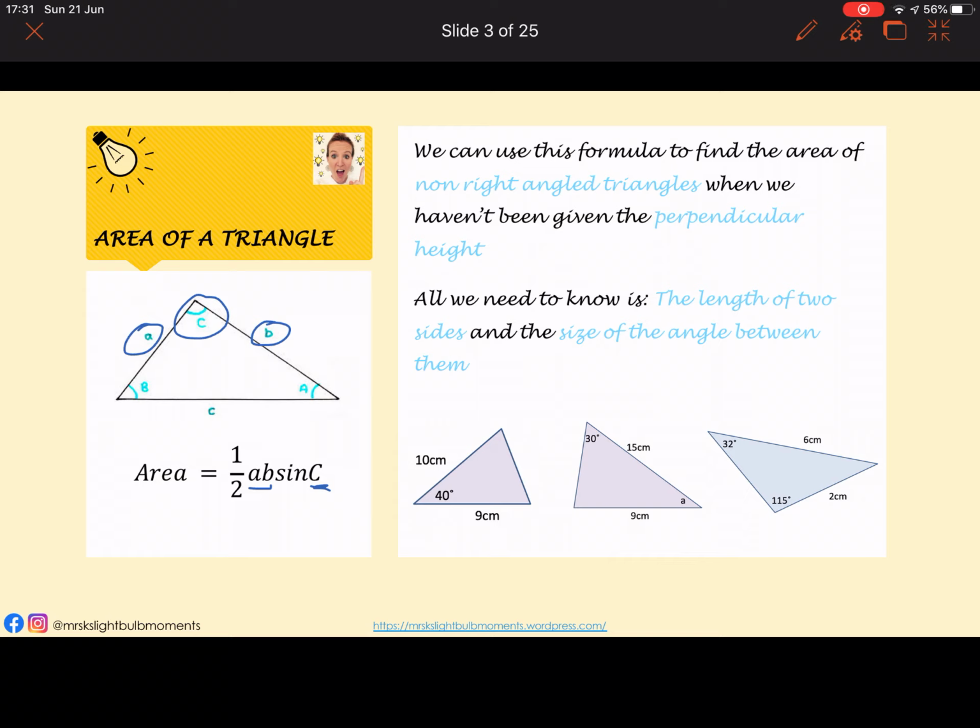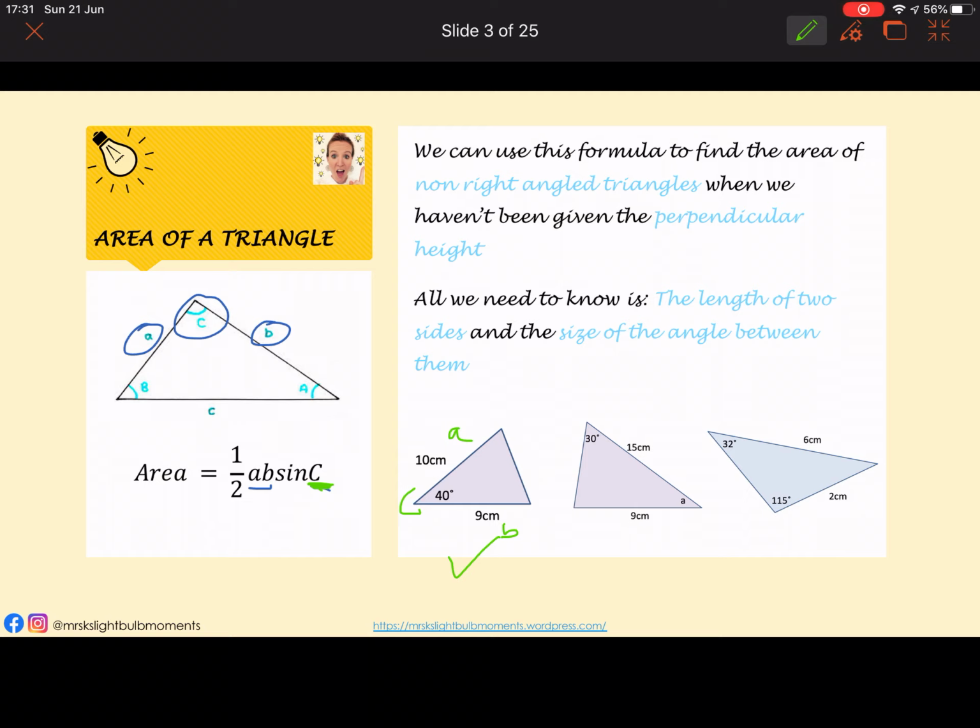So this first one, if this was C, so always start with your angle, because can you see in my formula I've got a capital C there, which tells me I want my angle to be C. So when you label your angle C, that means this side must be a and this side must be b. Yep, we've got a, b and angle C. We could use the rule here, let's have a look.